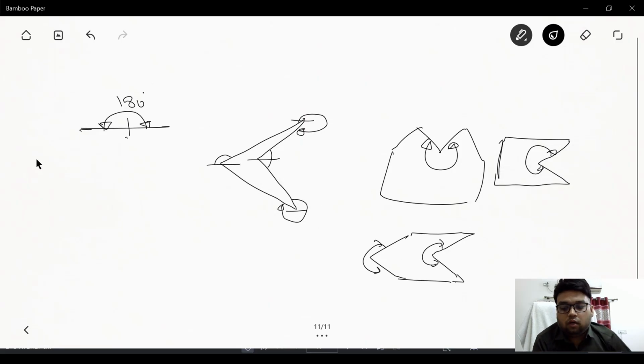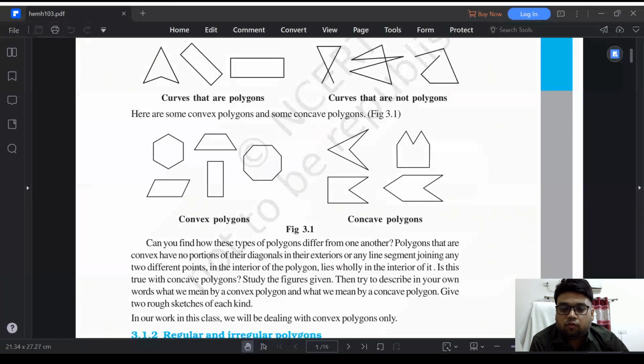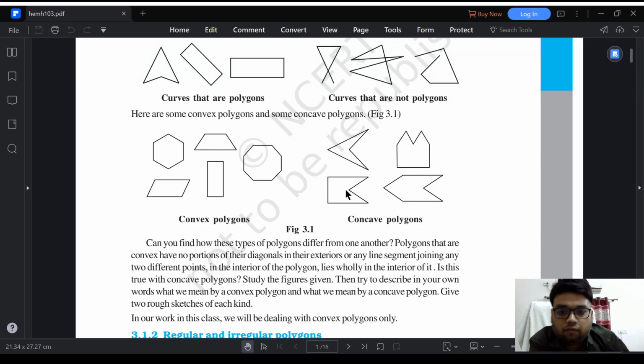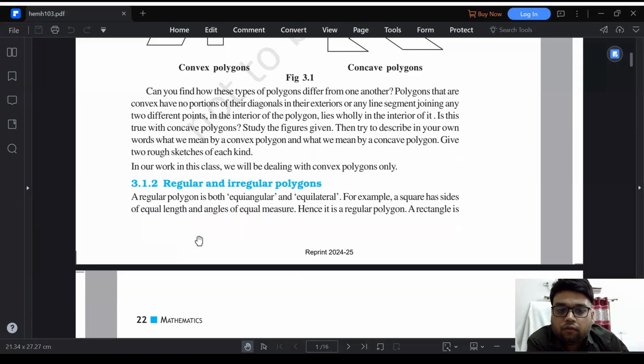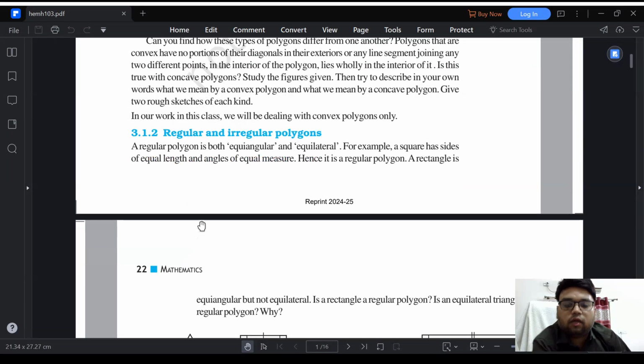So they have given us simple examples to clarify our concepts, for the clear identification of which figure is a convex polygon and which is a concave polygon. Further, we can observe that polygons are classified into regular polygons and irregular polygons. So what is a regular polygon and what is an irregular polygon?